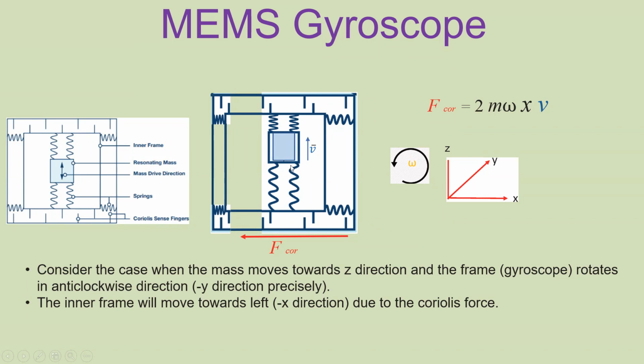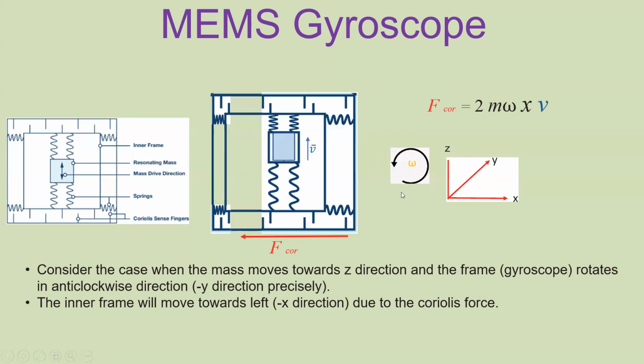So when this is moving in this direction, it is having linear velocity in this direction. Assume that this is the gyroscope, and the object which this gyroscope is attached to, for instance, this mobile phone, is rotating in anti-clockwise direction.